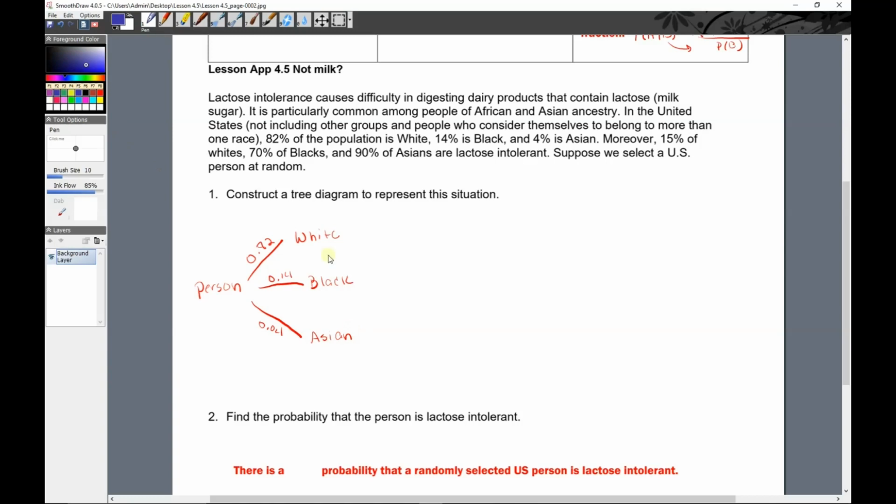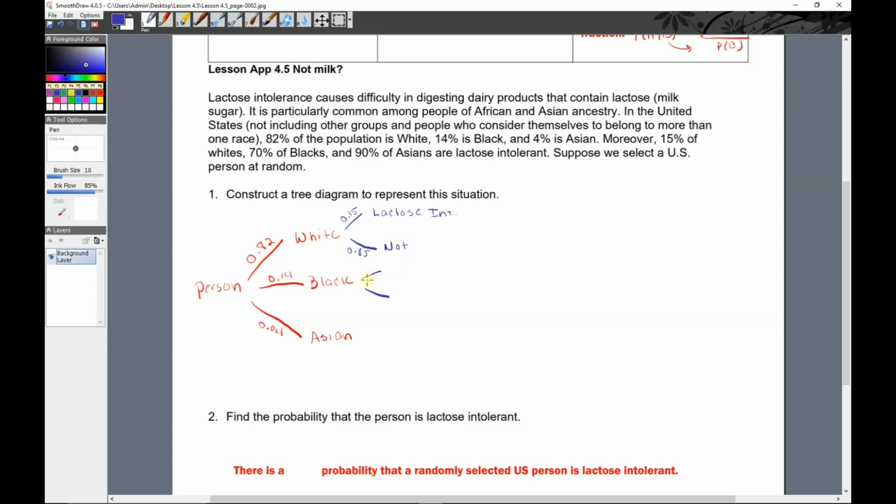Okay, the next thing we're going to do is split each one of these into 2. And we'll just go ahead and say that of the whites, 0.15 is lactose intolerant. I'm just going to abbreviate this, keep things simple. And then that would mean that 0.85 are not. We'll do the same with both of these.